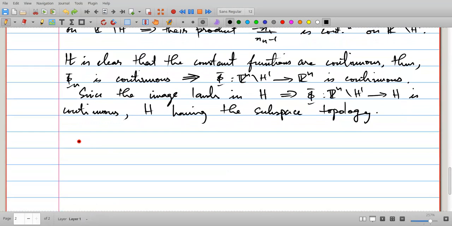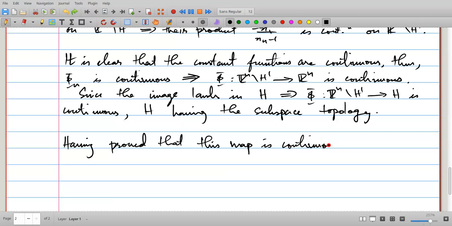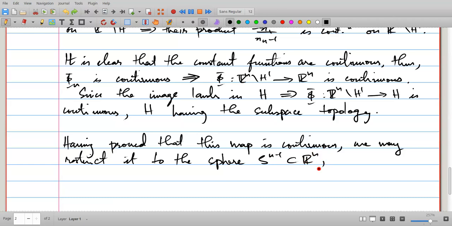So having proved that this map is continuous, we may restrict it to the sphere Sn minus 1 contained inside Rn.